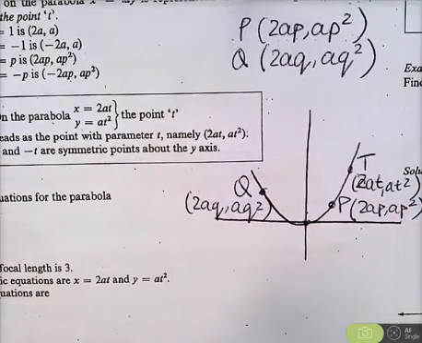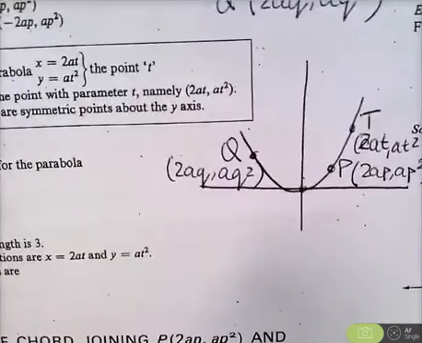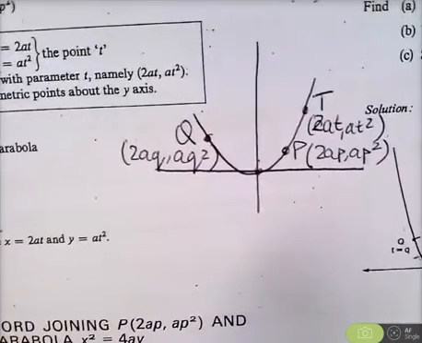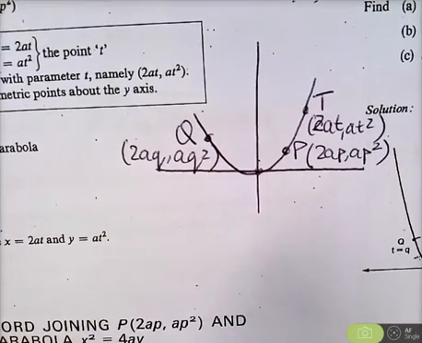Do you get the idea? Yes or no? As long as they're all in the format of 2at, at squared. So all we've learned is x squared is 4ay, and the parameters are 2at, at squared, but that's if it was point T. If it was point P, it'd be 2ap, ap squared. Point Q, 2aq, aq squared. Got the idea? All right.